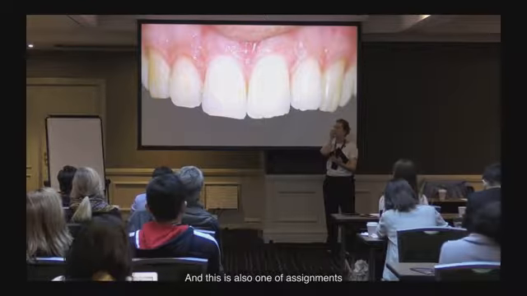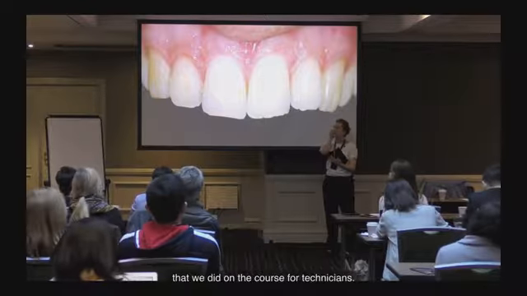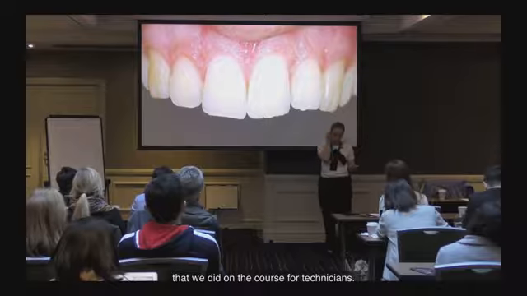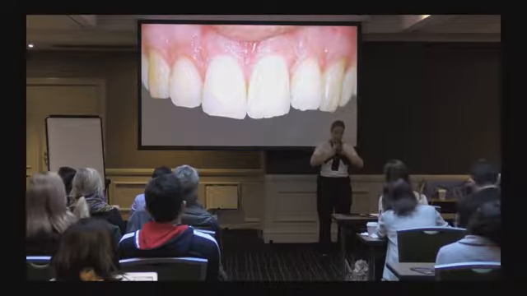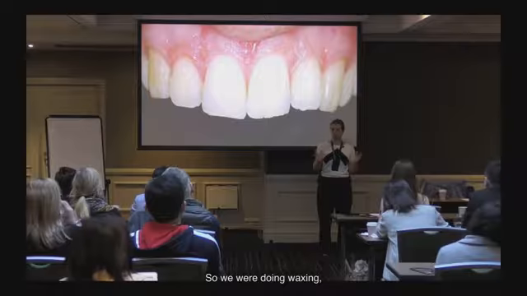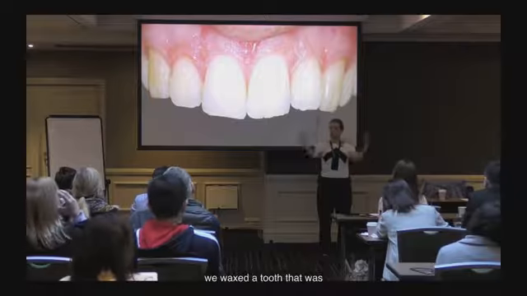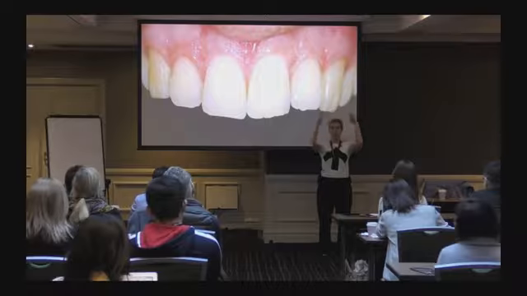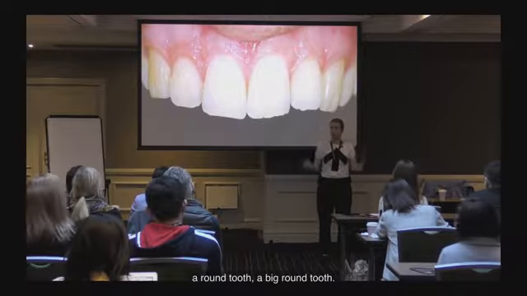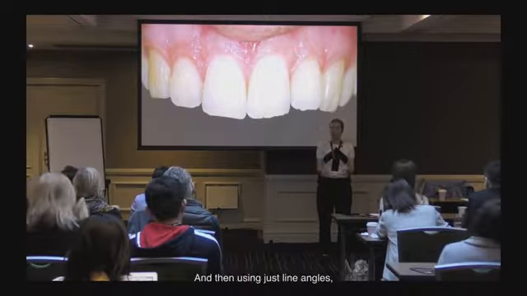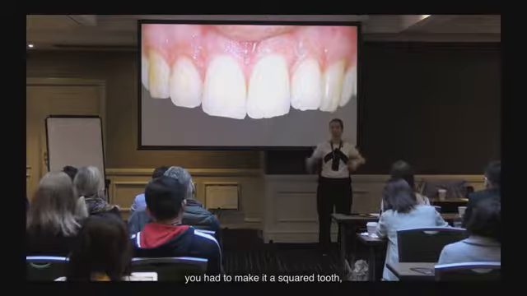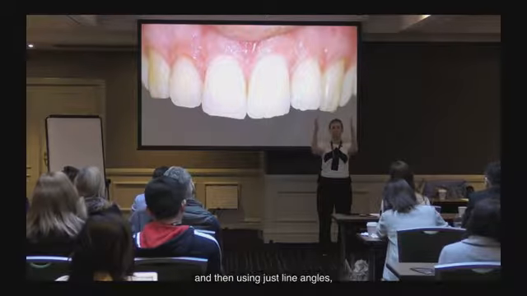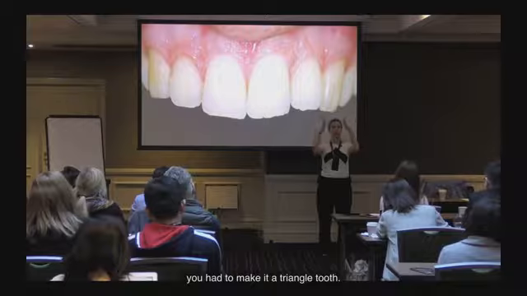And this was also one of the assignments that we did on the course for technicians. So we were doing waxing. We waxed a tooth that was a round tooth, a big round tooth. And then using just line angles, you had to make it a square tooth. And then using just line angles, you had to make it a triangle tooth.